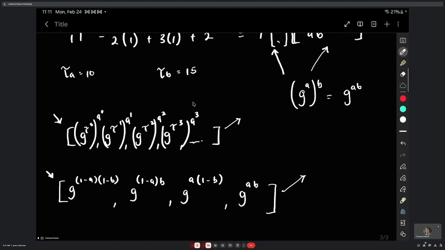Good. But in the multilinear case now, if another person wants to come and contribute to this, these are points, right?